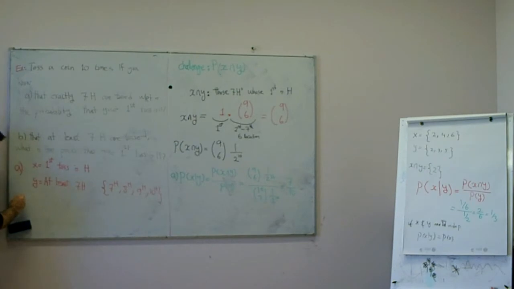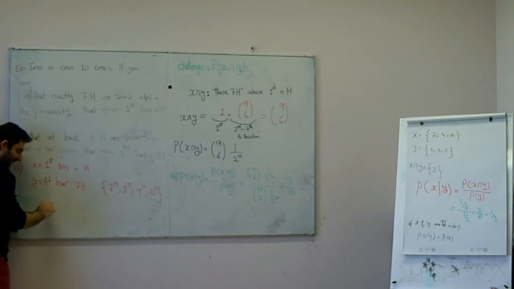So, what is the probability of Y? In other words, what is the number of Y's? Previously, when I had exactly 7, it was C(10,7).